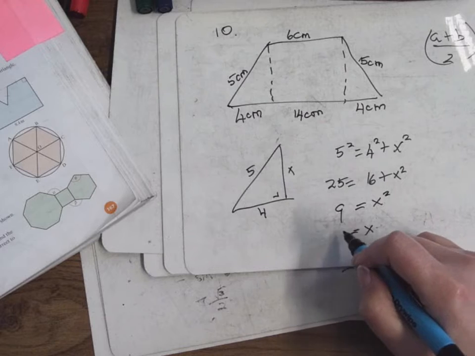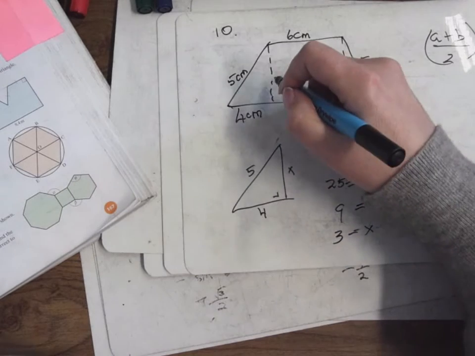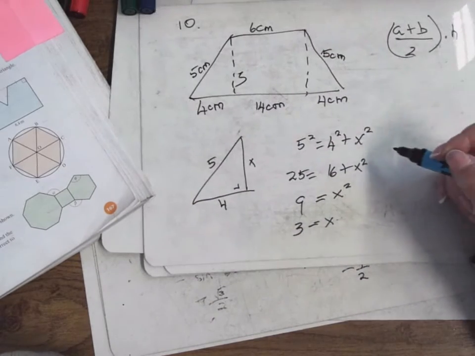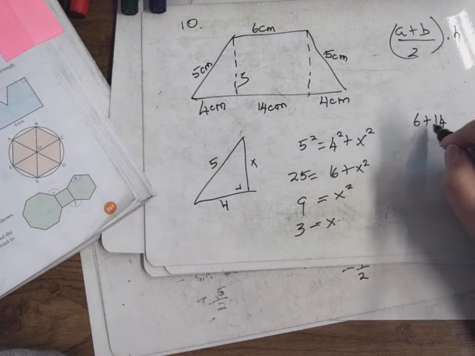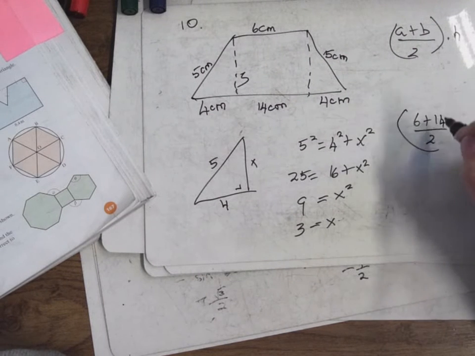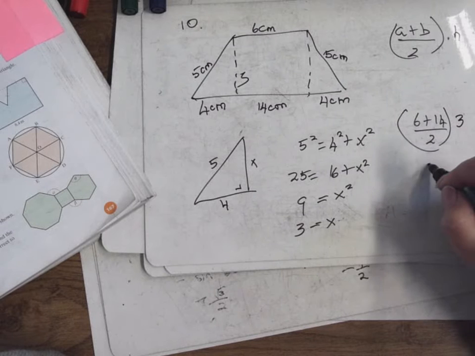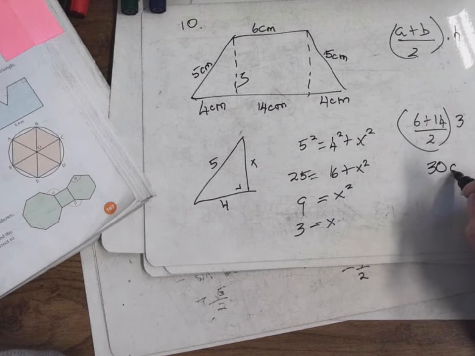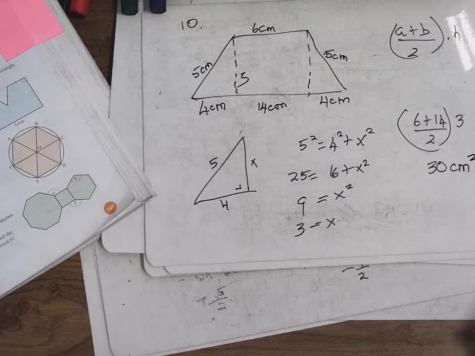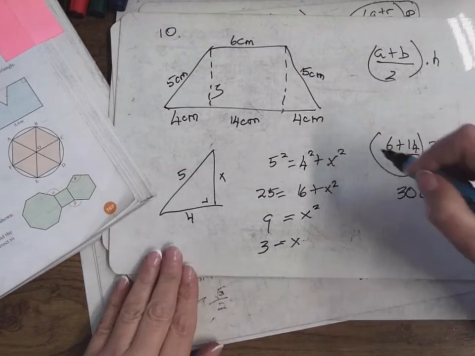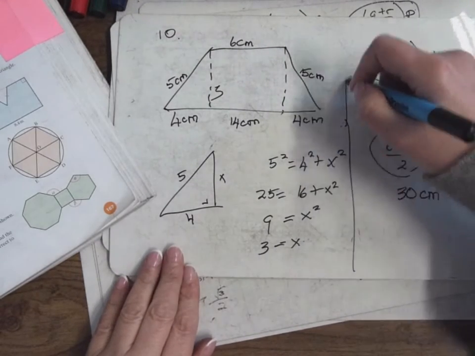So the perpendicular height is 3. And then the area of the trapezium would be 6 plus 14 over 2 multiplied by 3, which is 30 cm squared. Are we good with that?